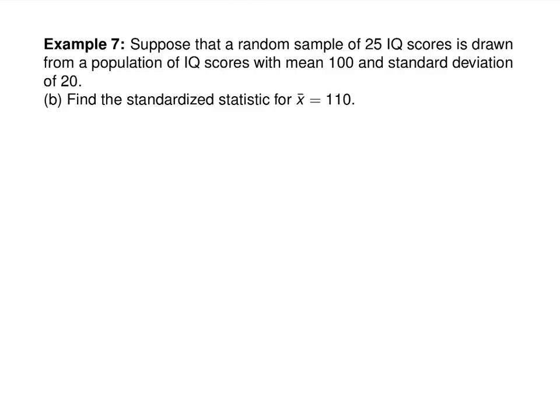For x bar equals 110, the z-score is 110 minus 100 over sigma over root n, so 20 over root 25 again. So that appears to be 10 quarters, which reduces to 5 halves, or 2.5.